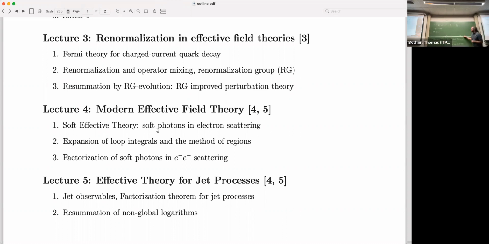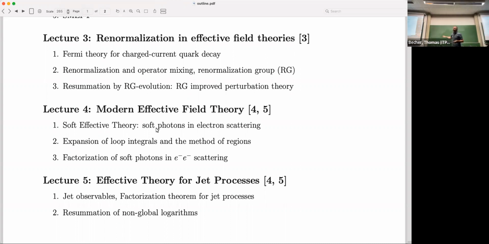Now, let me do another example, which you presumably also know, and which is conceptually simpler than the non-relativistic theory. And that is the Fermi theory of weak interactions.